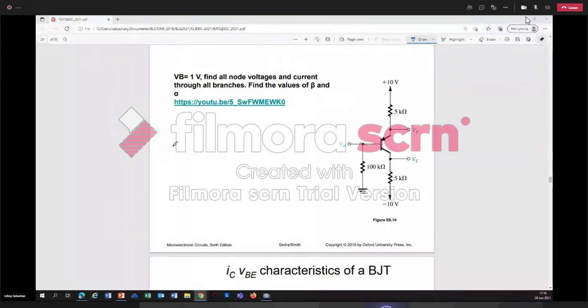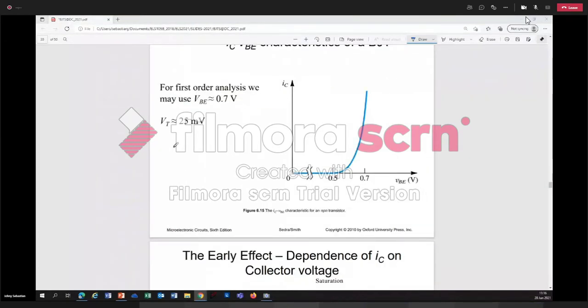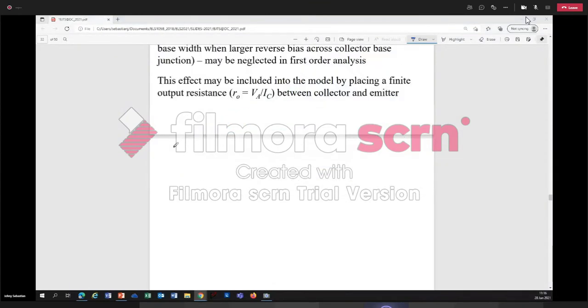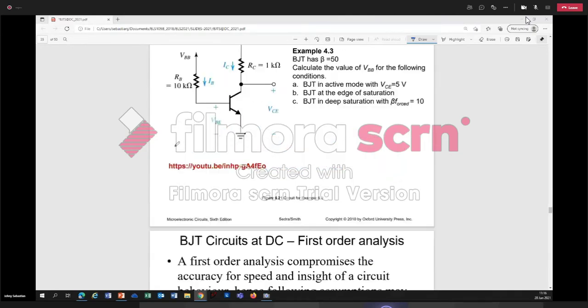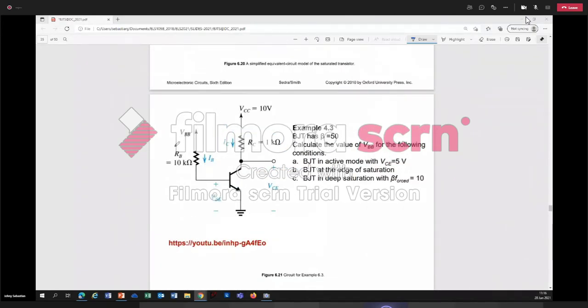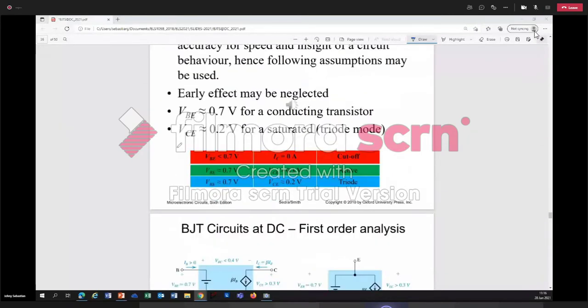Okay. We did the early effect, and we described the effect of early effect. Then did we work out this problem? Okay, I think this is where we stopped.